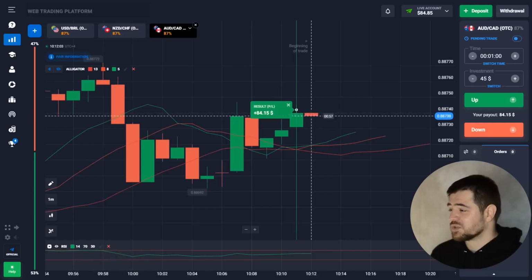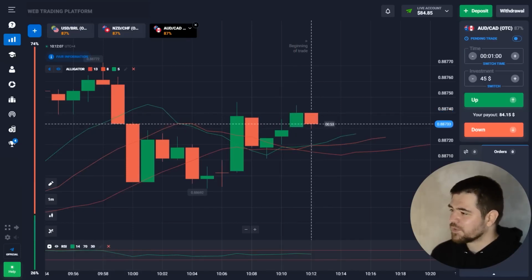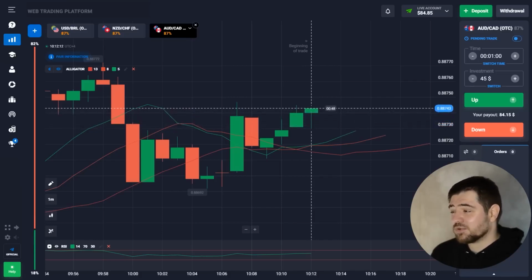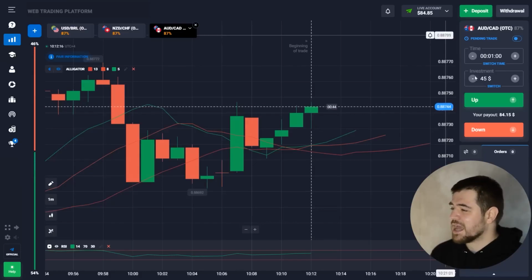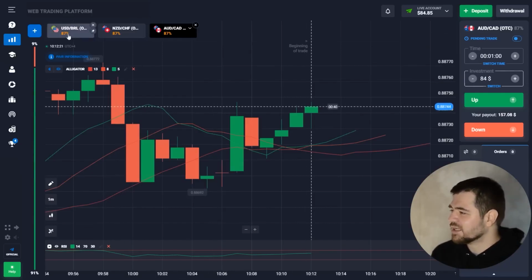As you can see, all three lines of the Alligator are looking up, although now you might enter into a pullback, maybe, maybe not, but it can happen, and you can also make some money on pullbacks.